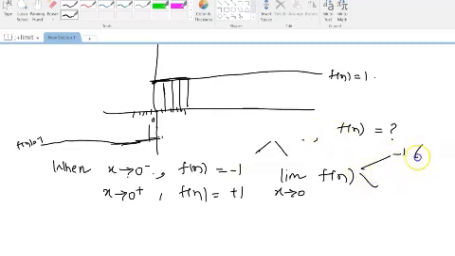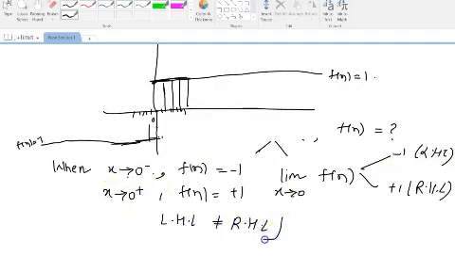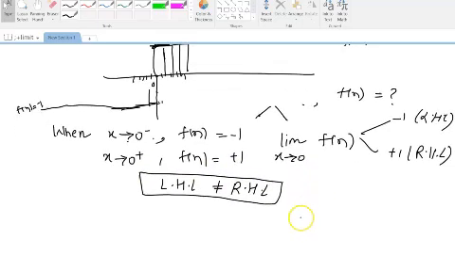So it is minus 1 from the left side. So the left hand limit is minus 1 and the right hand limit is plus 1. It means that the left hand limit is not equal to the right hand limit, which was an essential condition for the existence of the limit, right?